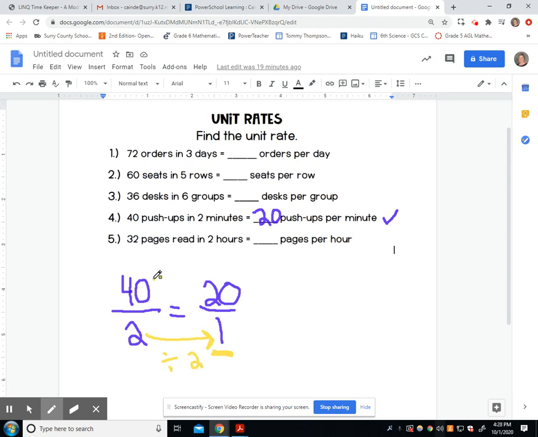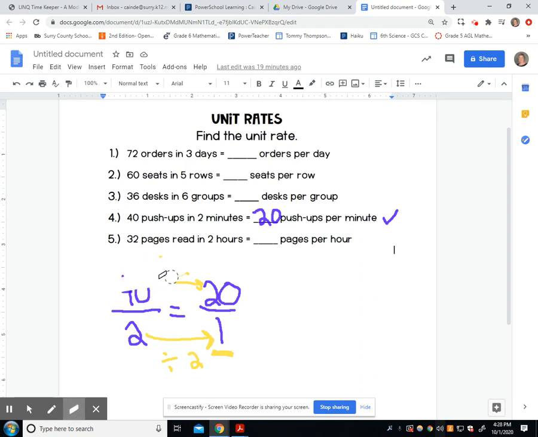So that's why here I can divide by 2. Now, the shortcut way is just thinking 40 divided by 2. But if we think of it this way, this is the why behind 40 divided by 2 working.